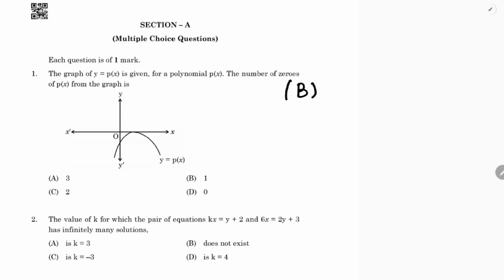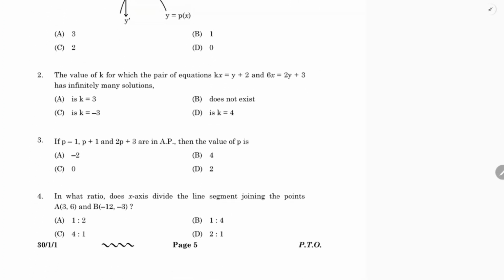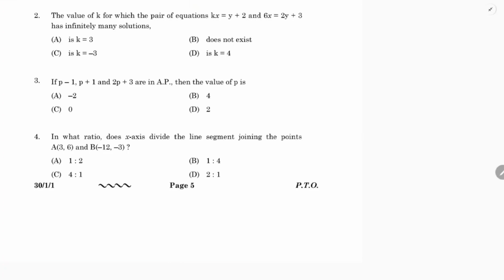Next one, the value of k for which the pair of equations has infinitely many solutions. So here the question is not in a standard form, so I'll write kx minus y minus 2 equals 0, 6x minus 2y minus 3 equals 0.